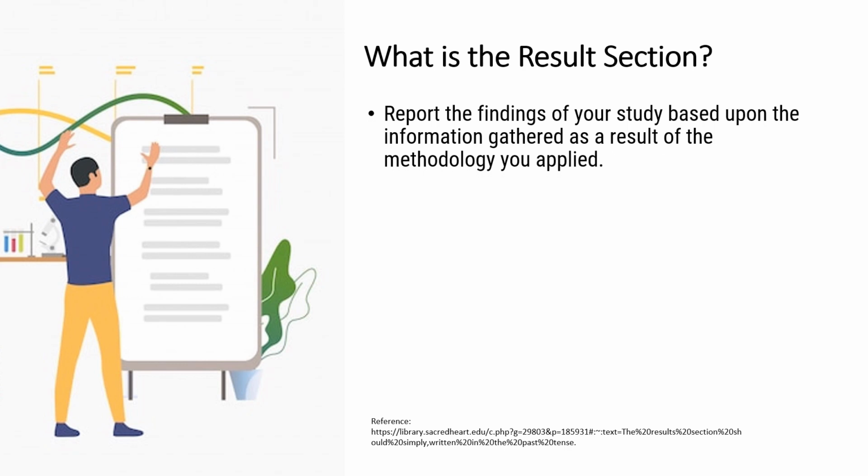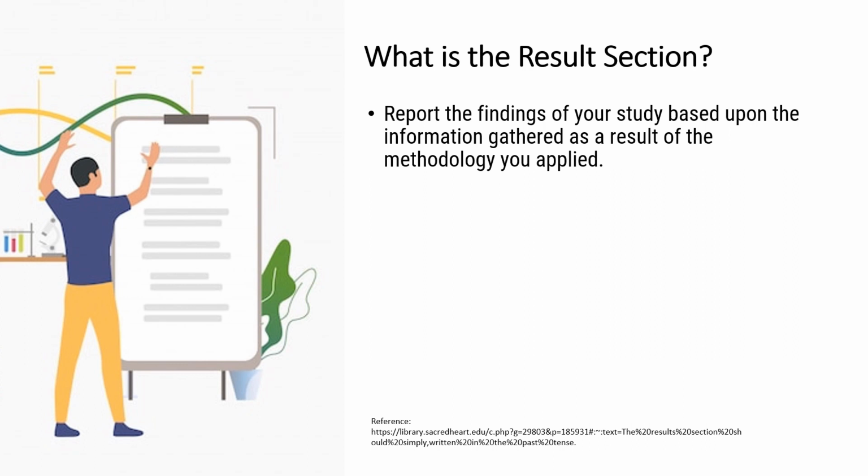The results section of the research paper is where you report the findings of your study based upon the information gathered as a result of the methodology or methodologies that you applied. So take note that the findings should be based upon the result of the methodology.